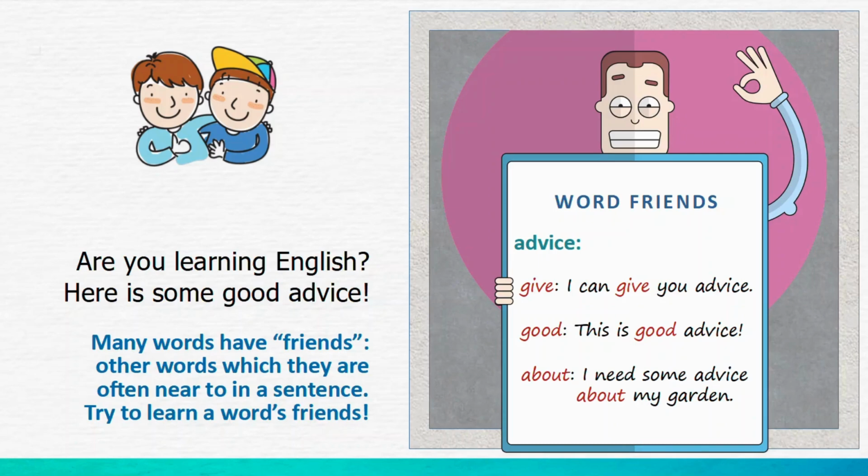Another word friend of advice is good. We often say, this is good advice, or he gave me good advice. And finally, after the word advice, we often find the friend about. So advice and about are word friends. They often come together. I need some advice about my garden. Can you give me advice about pets?